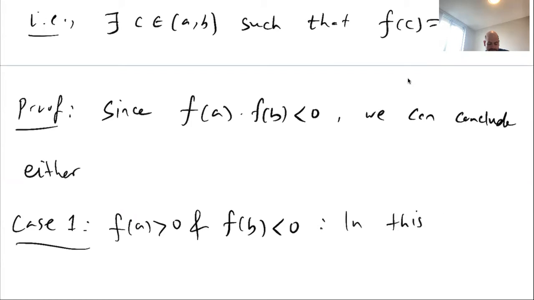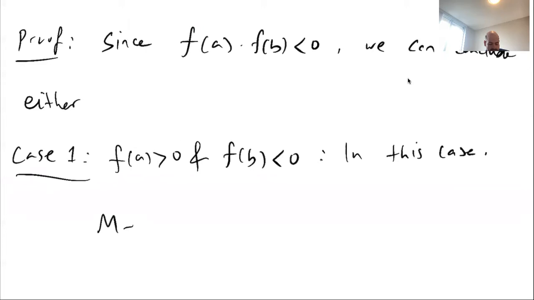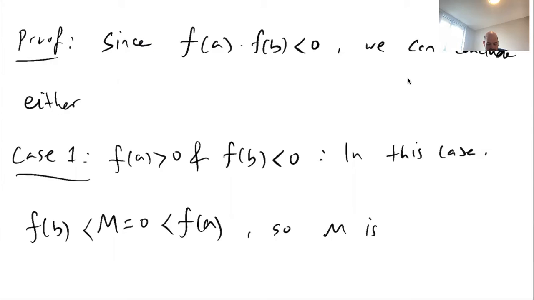In this case, m equals 0 will be an intermediate value, because m equals 0 will be bigger than f of b and less than f of a. So m is an intermediate value.